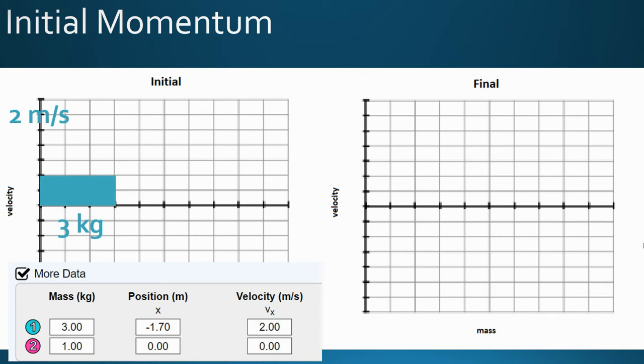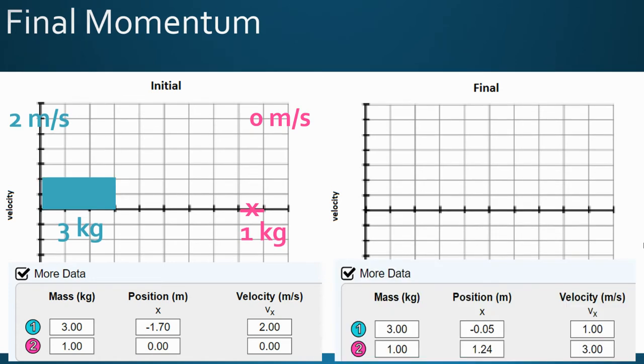Ball 2 has a mass of 1, and it's not moving, so we're going to just say it has a 0 meter per second velocity and put an X on it. So it doesn't have a block. For the final conditions, ball 1 still has a mass of 3, and ball 2 still has a mass of 1.